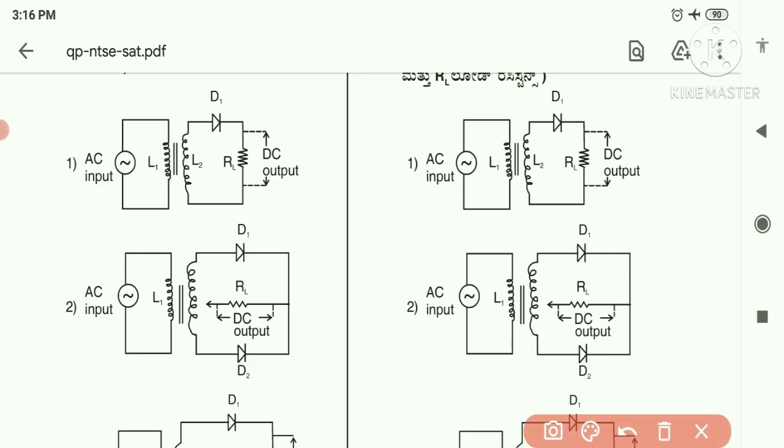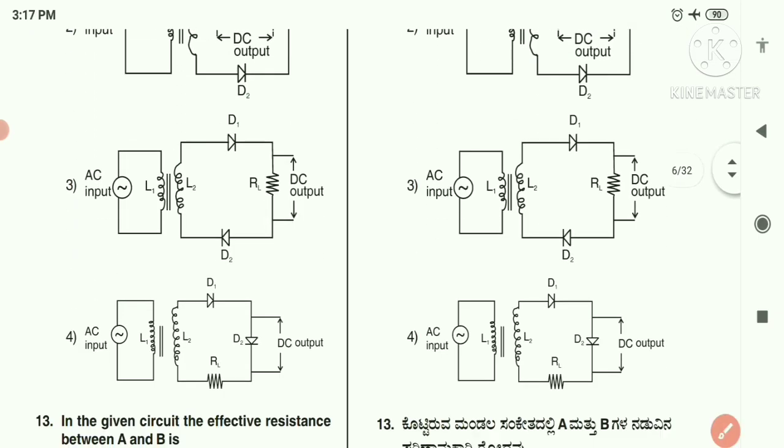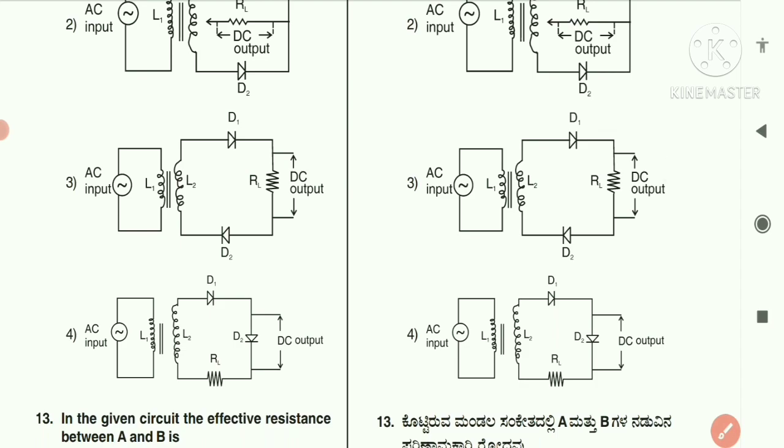Okay. Now let's go to the second one. AC input, okay, load 1 and load 2 given here, D1 and D2 diodes. Here it is R1. So consider the next one, option: AC input, load 1, load 2.